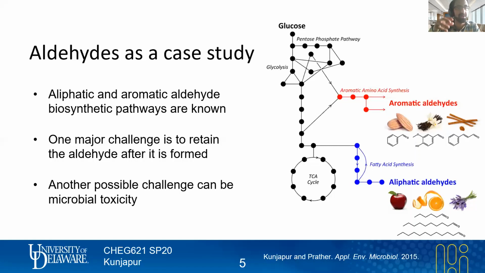So you go from C2 or C4 starting units, and you get eventually to C18, but along the way you've gotten to C8, C10, C12, and you could potentially engineer a way to stop at those lengths or divert some flux. And so people have done that also for fatty alcohols.